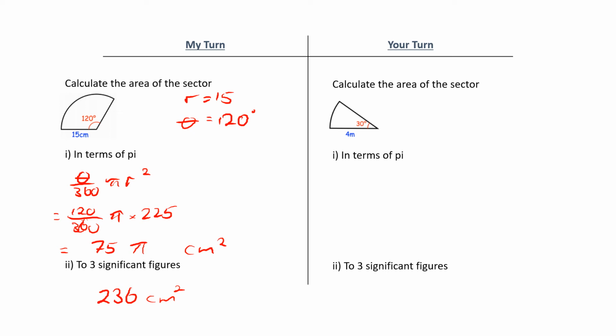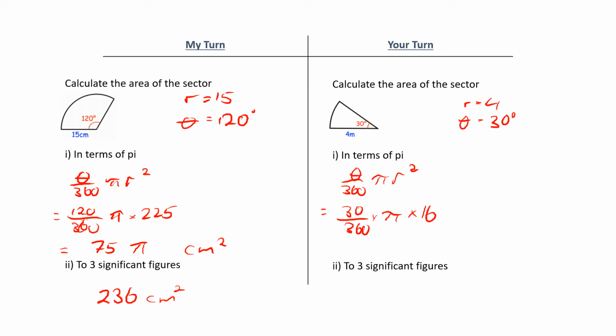Right, okay, so we've got a radius of 4 here, and our angle theta is 30 degrees. Again, start with your formula. We've got theta over 360 times pi r squared. Fill in what we know, 30 over 360 times pi times 4 squared, 16.